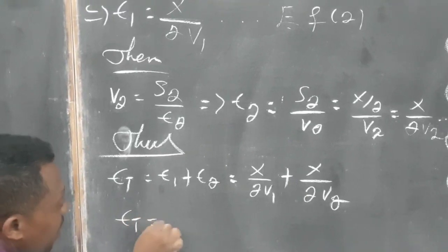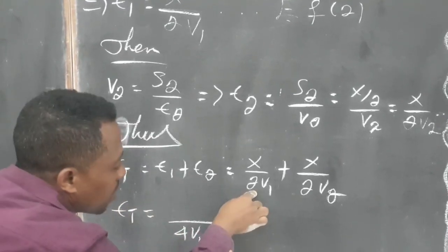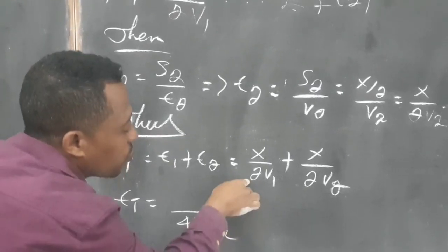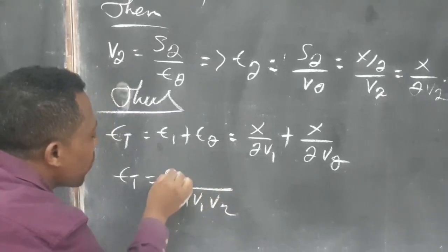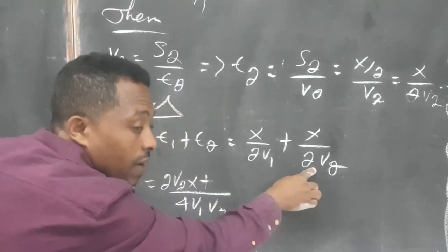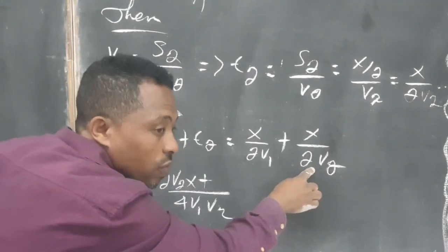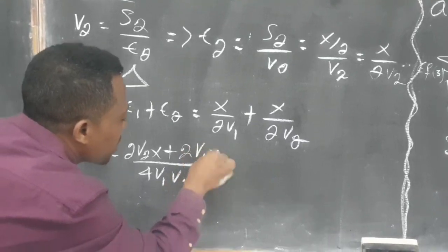Now t total becomes 4v1v2 over, with the first term being 2v2 times x, twice v2x, plus the second term being twice v1x.